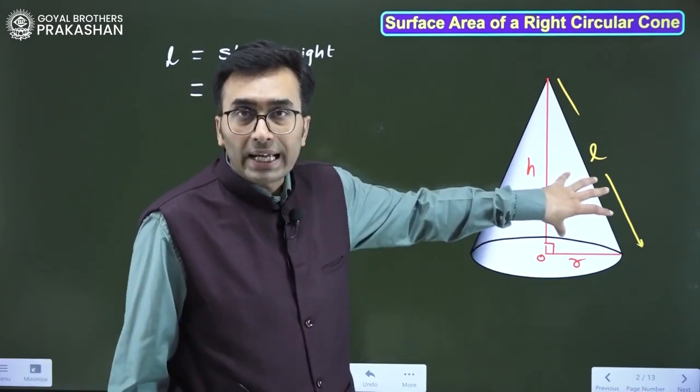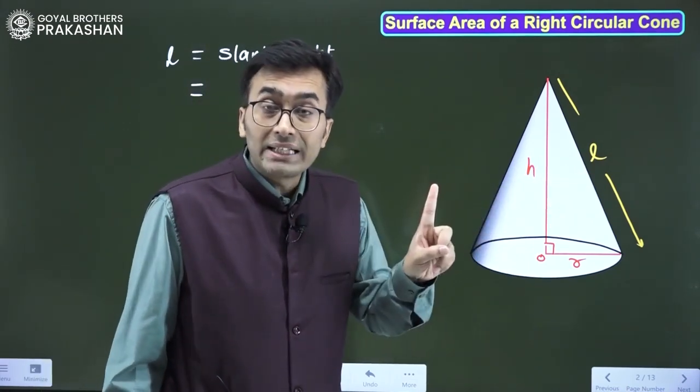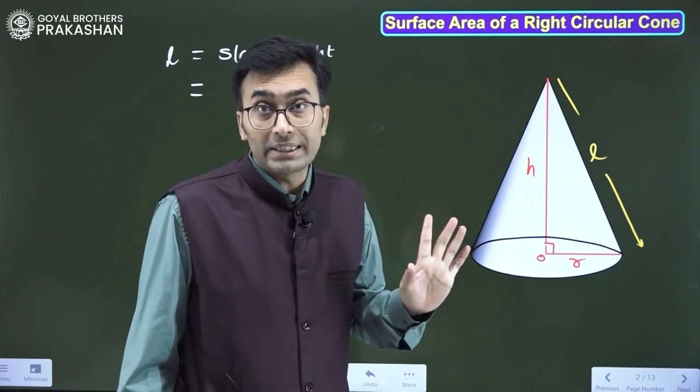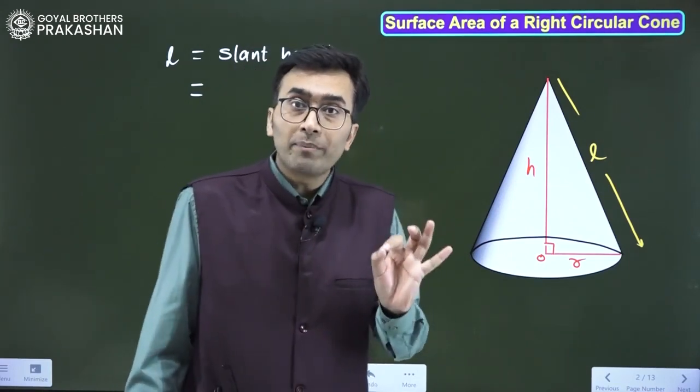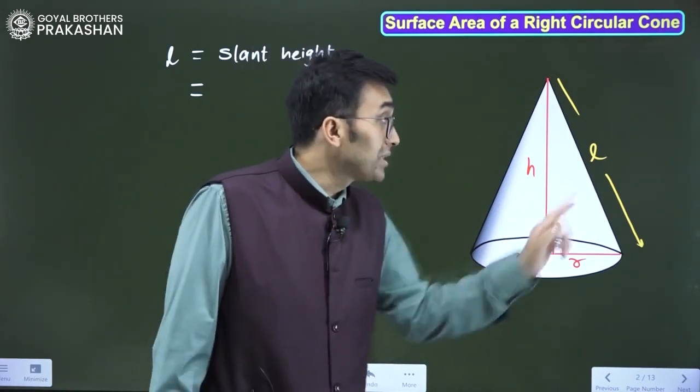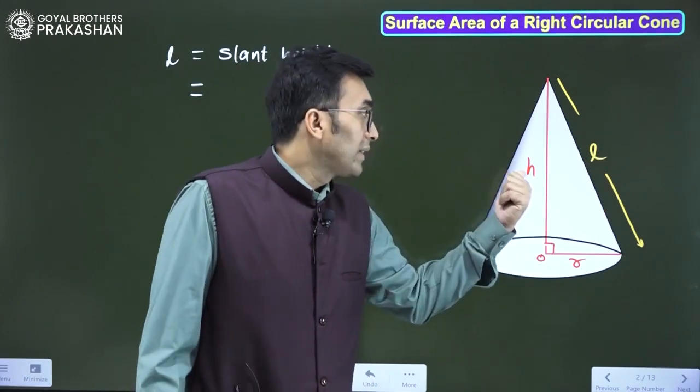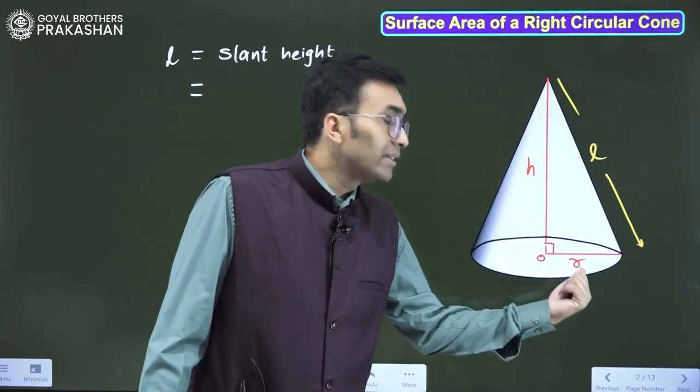So this is a right angle triangle, and in a right angle triangle we can use the Pythagoras theorem to relate the slant height, the vertical height and the radius.